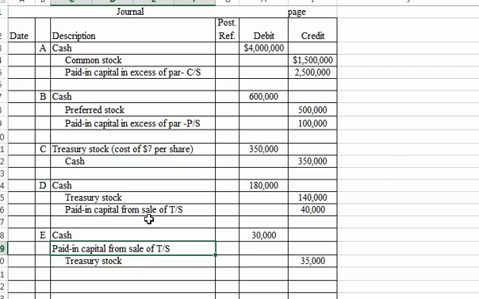It's a stockholders' equity account. It decreases on the debit side. That difference is 5,000. Well, we sold them for $1 less than we bought them for, and we sold 5,000 shares. $1 times the 5,000 shares gives you the $5,000 here.